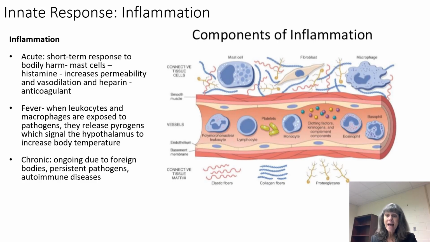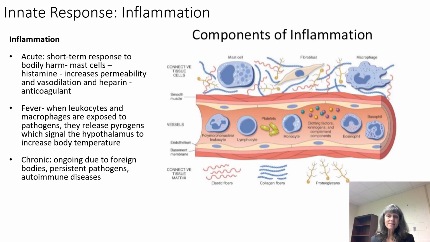They'll also release heparin, which keeps blood flowing to that area of tissue damage where the cells are damaged in some way, shape, or form. And not only do the mast cells release histamine and heparin, they can also release prostaglandins and leukotrienes.